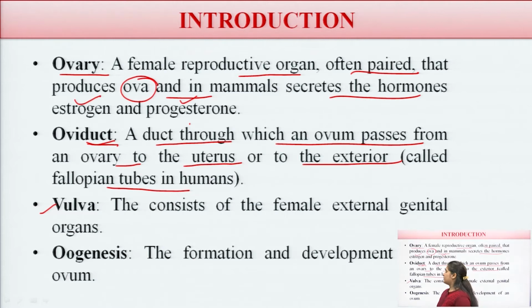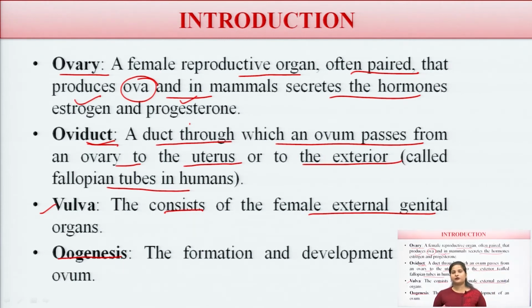Next is the vulva. Vulva consists of the female external genital organs. Next is oogenesis. Just like spermatogenesis, there is a process of formation of the egg cell. The process of formation of the egg cell is known as oogenesis.